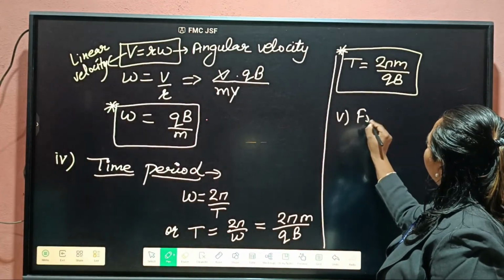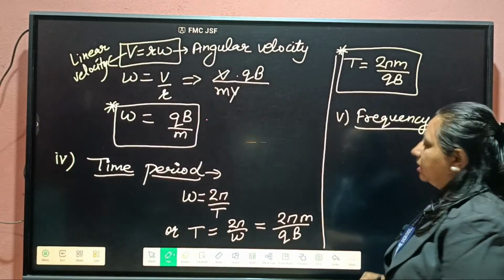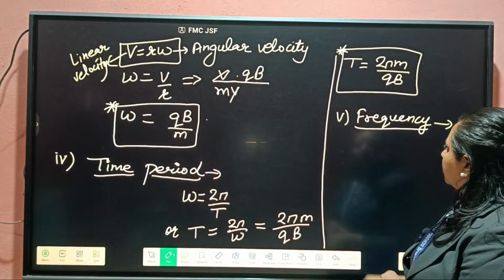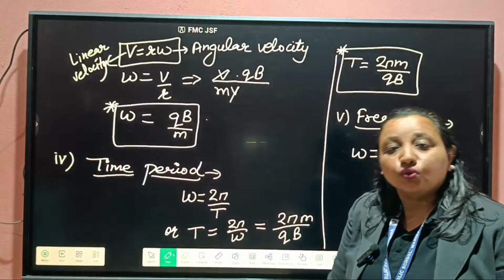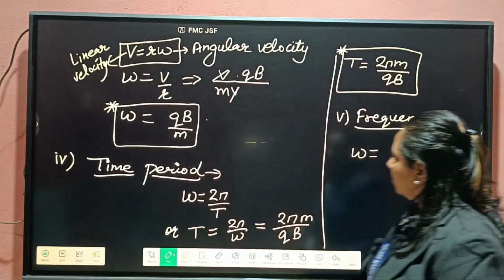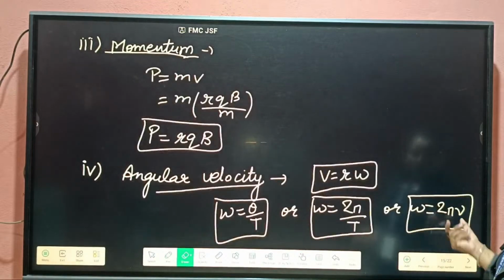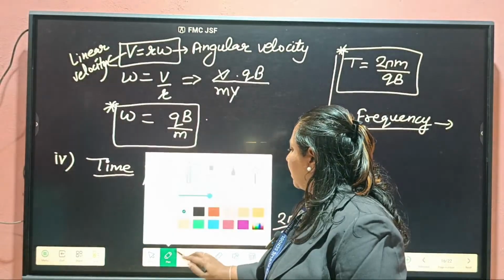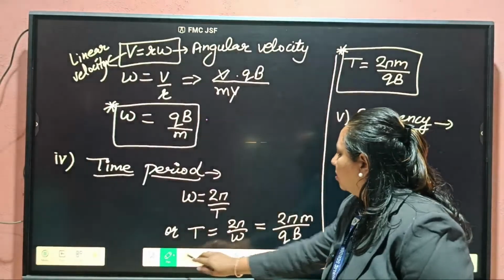Next, similarly, we can find the linear frequency by which it revolves in the circular motion. You can use omega is equal to 2 pi nu, or you can also find it with the time period. It's your own wish. Time period and frequency are reciprocal to each other.